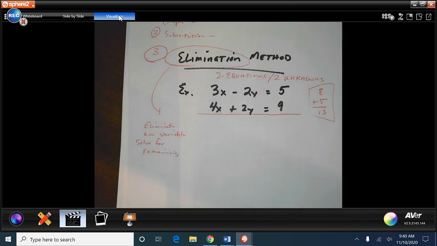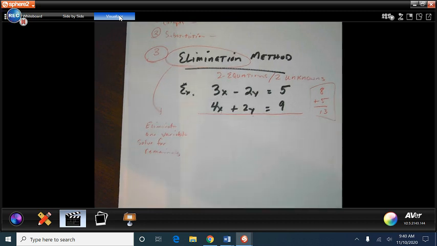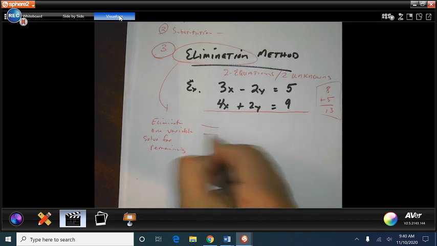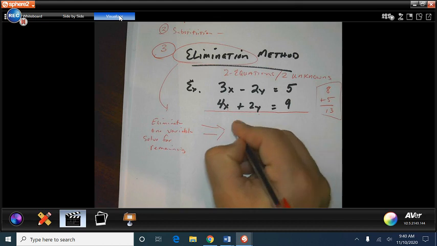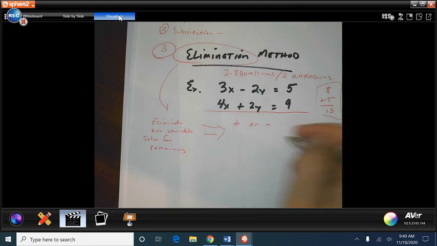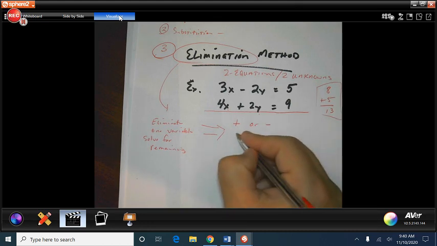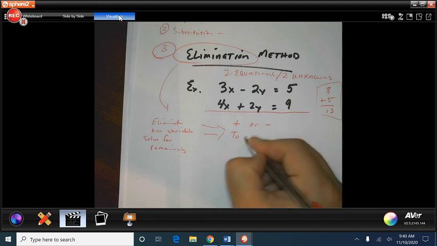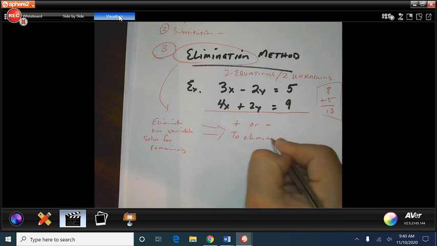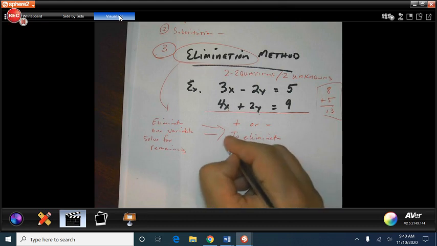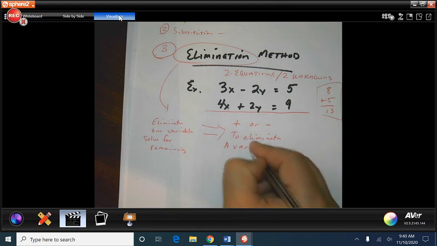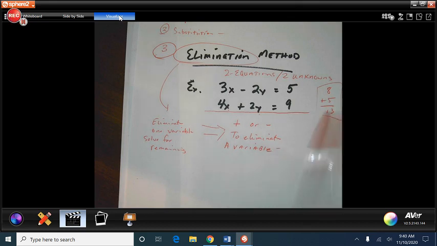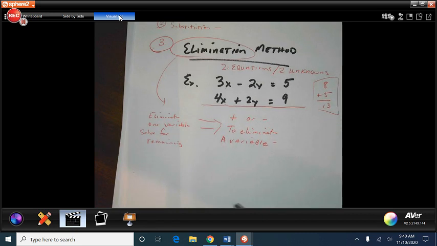Now the idea is when we use the elimination method, we want to add or subtract the equations to eliminate a variable. But in order to do that, this is so important, they have to have the same coefficient.